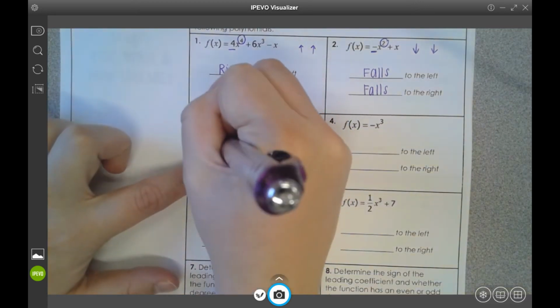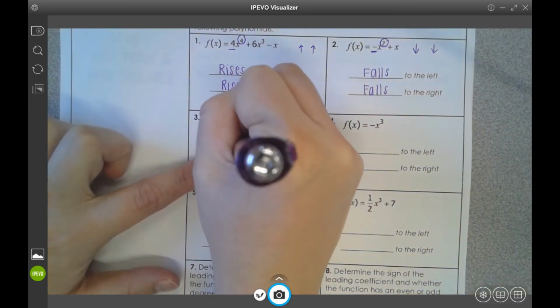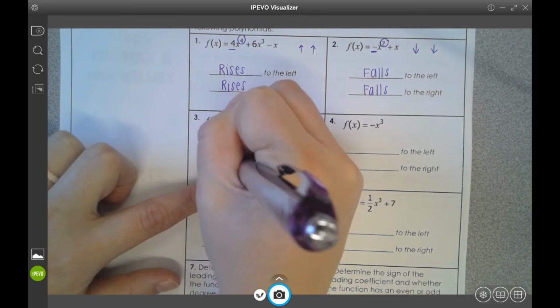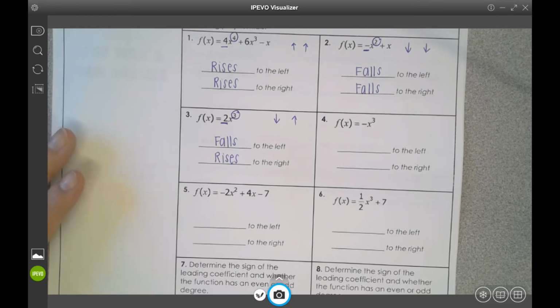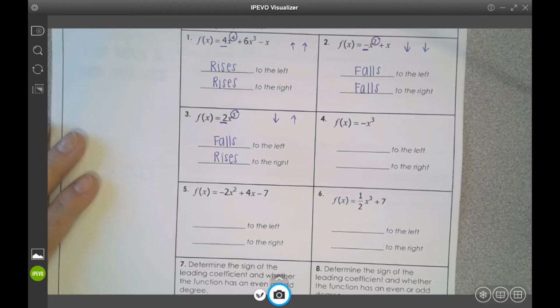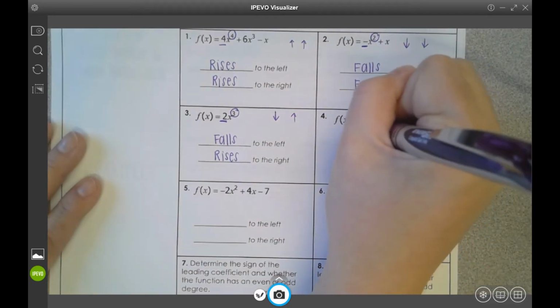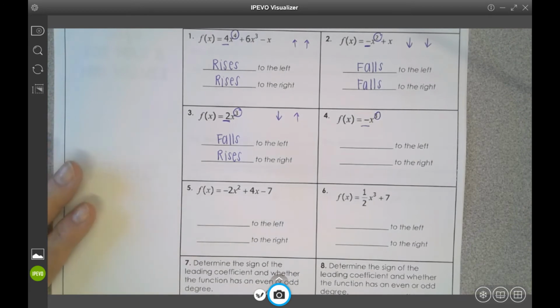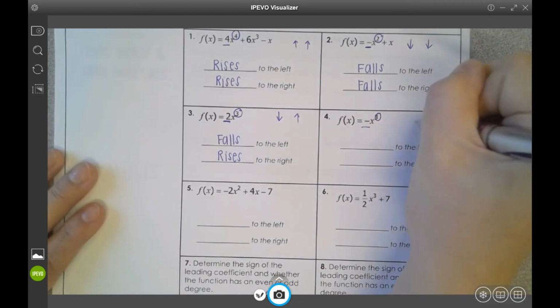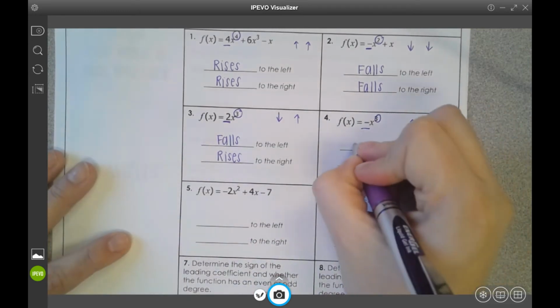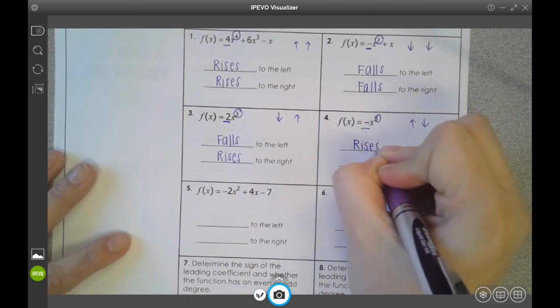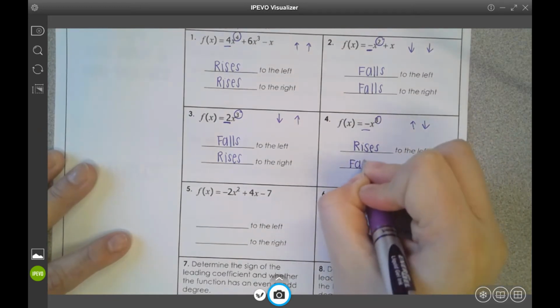So it falls to the left, rises to the right. Number 4, negative, odd. So rises to the left, falls to the right.